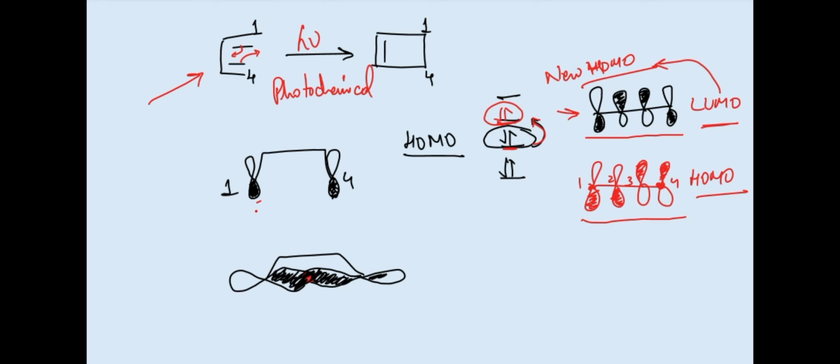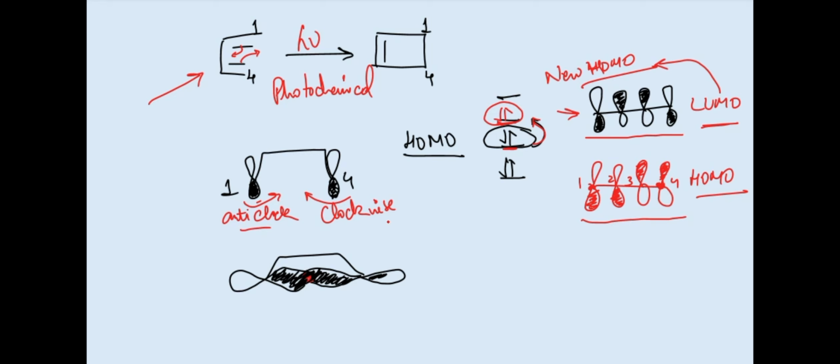Now if both the shaded regions are on the same side, if you form a bond, you need to rotate it in this direction, and for this one in this direction. This is anti-clockwise. For this it is clockwise. So the rotation of two atomic orbitals to form a new bond is not the same.